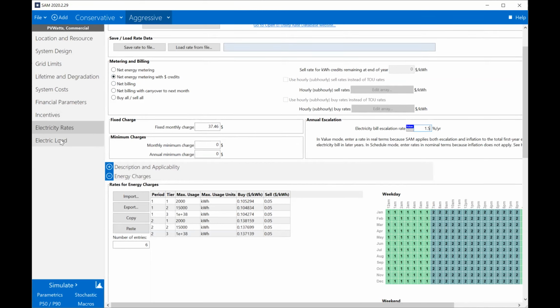So we were offsetting most of our energy at this 13 cents per kilowatt hour. And now we're assuming that it's going to increase by 2.5% inflation plus 1.5% energy escalation. So every year this value is going to go up by that percentage. And for a system designed like this, where we're basically using everything that we're generating, that's going to really impact your performance.